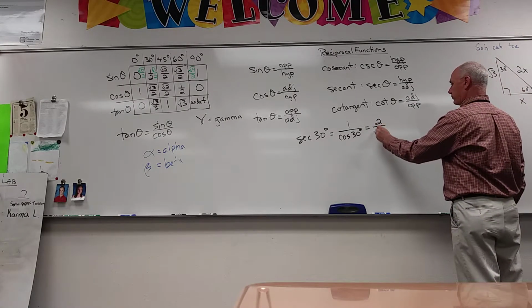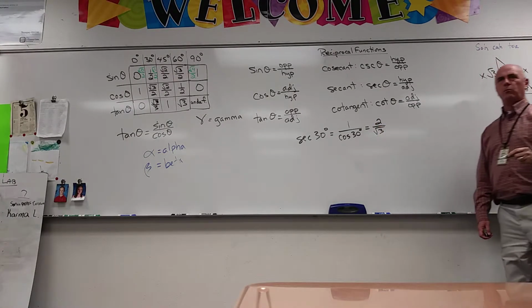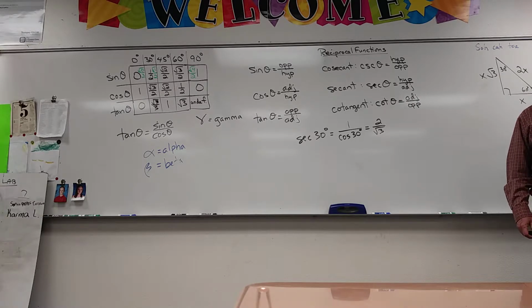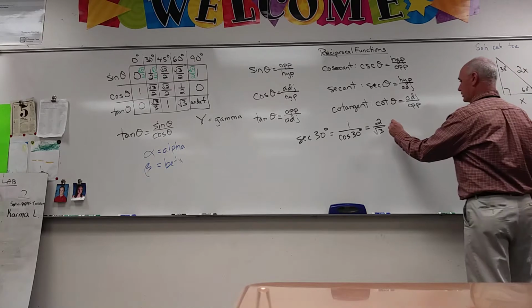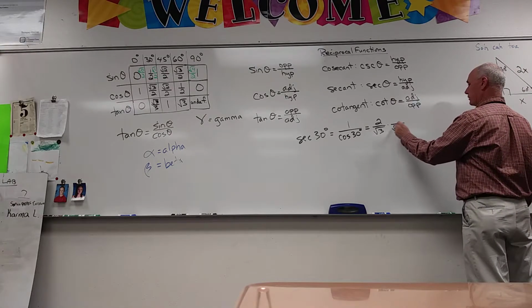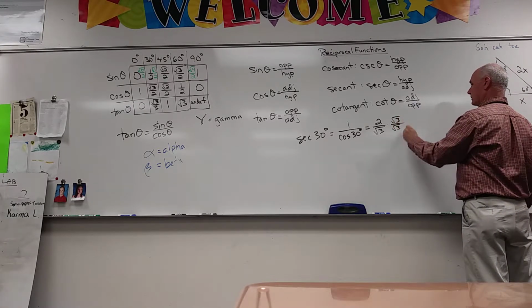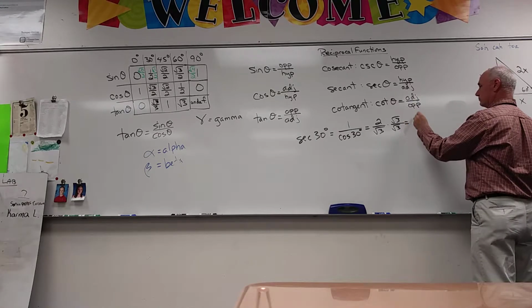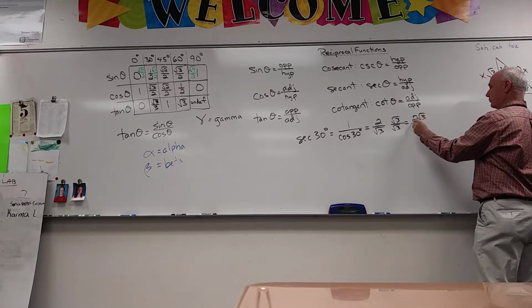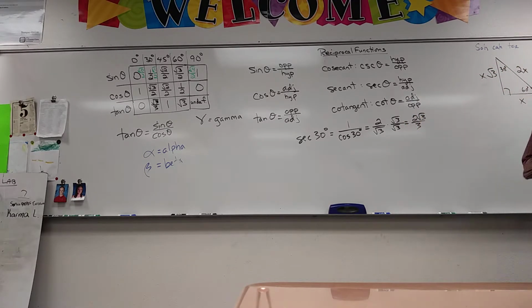We don't want to go through that 1 over thing. It just enormously complicates things. But we can't have a radical in the denominator. So rationalize with square root of 3, which will give us 2 square root of 3 over 3. So the secant of 30 degrees is 2 root 3 over 3.